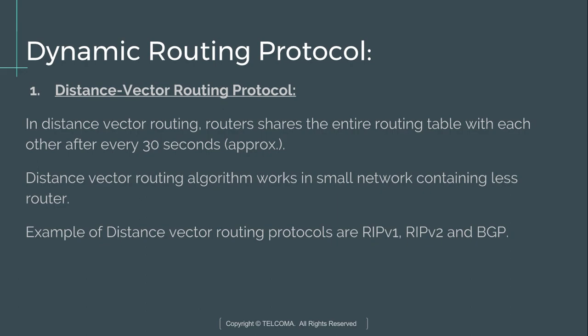The distance vector routing algorithm works in small networks containing fewer routers, because if the network is large, this will lead to traffic, since every 30 seconds routers have to share their routing table in the network. Examples of distance vector routing are RIPv1, RIPv2 and BGP.